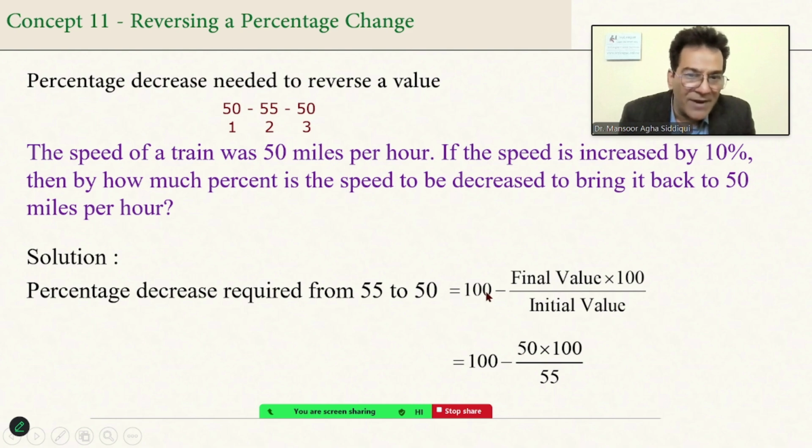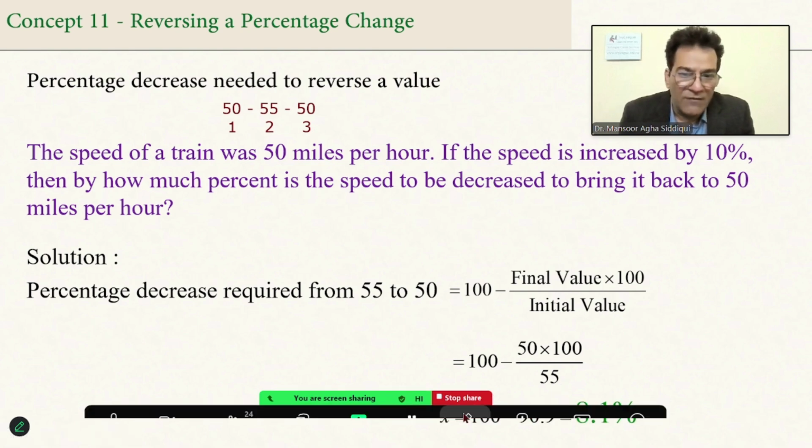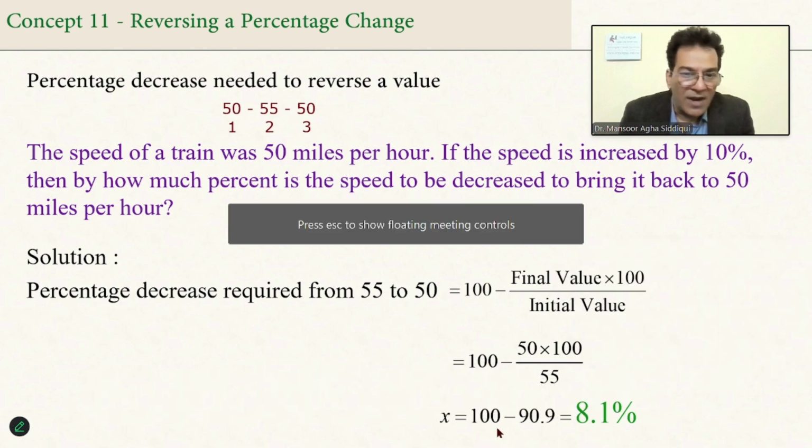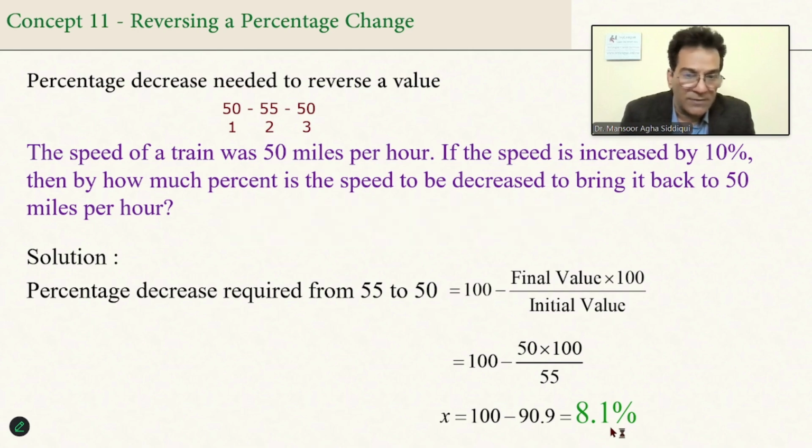I will end up getting 100 minus final value needed, which is 50, multiplied by 100 upon initial value, which is 55, which on simplification will end up giving me these set of values. 100 minus 90.9, which is equal to 8.1%. This is the percentage decrease which has to be done in this 55 in order to get the final value, which is 50.